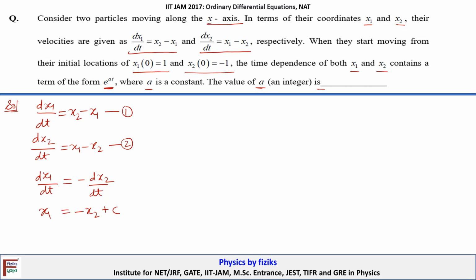Now applying the boundary condition that x1 at t equal to 0 is 1 and x2 at t equal to 0 is minus 1, we obtain that the arbitrary constant c is equal to 0, and hence finally we can write x1 is equal to minus x2. This is equation number 3.